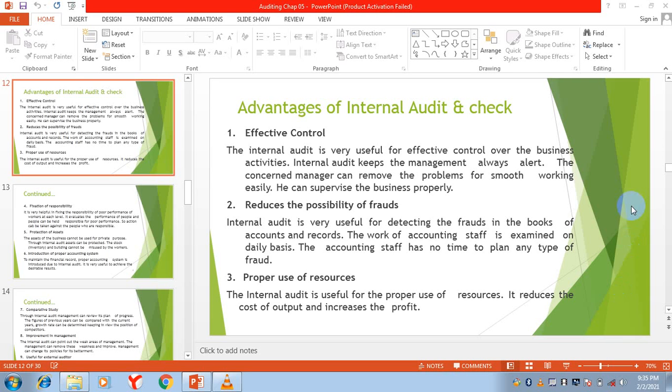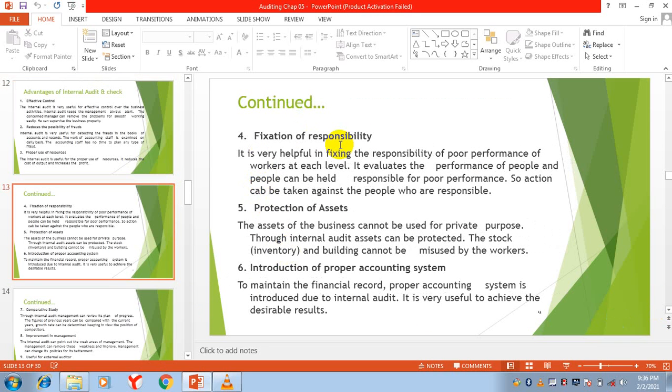Bismillahirrahmanirrahim. In the previous class, we discussed some advantages of internal audit and internal check. We discussed effective control, reduces the possibility of frauds, proper use of resources, then fixation of responsibility, protection of assets.